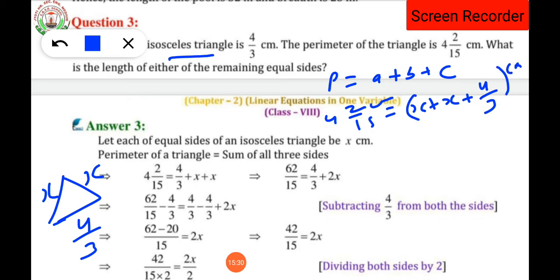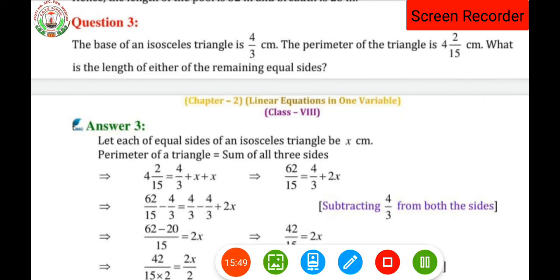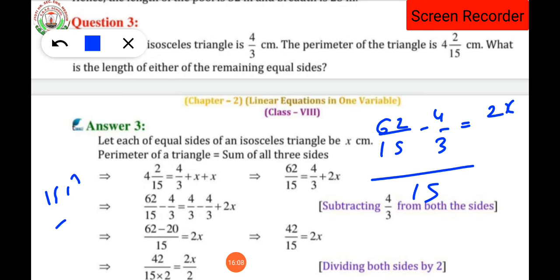Now the mixed fraction is changed into an improper fraction, so we can write 62 upon 15 is equal to x plus x will be 2x plus 4 by 3. Understood? Now this 4 by 3 will be transposed and get subtracted from 62 upon 15. Clear? Now 62 upon 15 subtracted with 4 upon 3 is equal to 2x. Now 15 and 3, the denominators are different, so the LCM of 15 and 3 will be 15 itself.